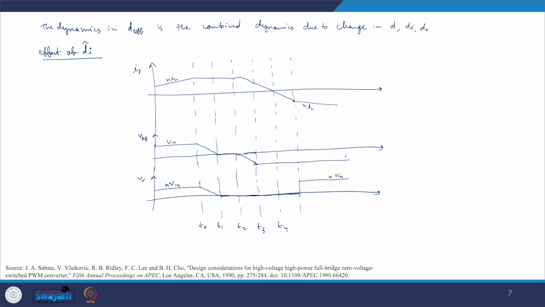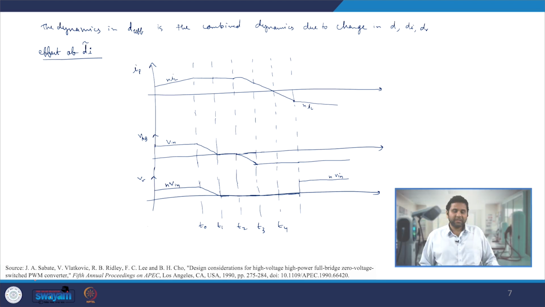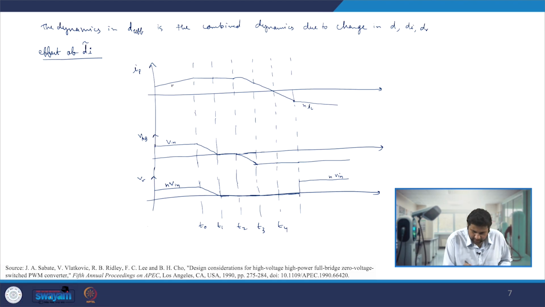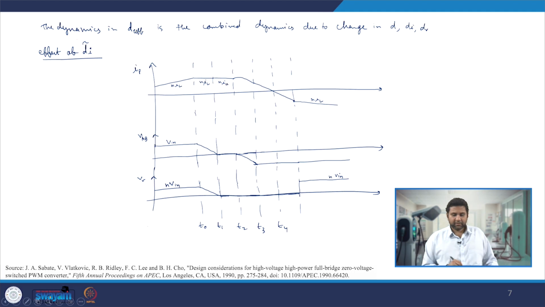Now if you see there is a fixed change in the IL, assume that fixed change in the IL. If we take this one here, we can write NIL is here, and here it is NIL. Here also it is NIL, the reflected part of NIL.